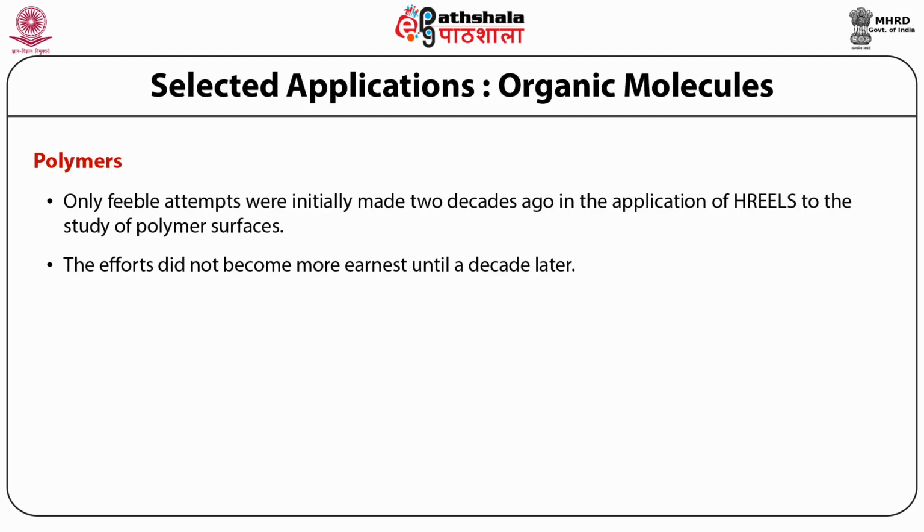The use of HREELS has primarily been focused on the following aspects related to polymer films deposited on metals as well as to surfaces of the polymer films themselves: surface morphology, interfacial compositions, the scattering mechanism, and the strength of the polymer-substrate bond.